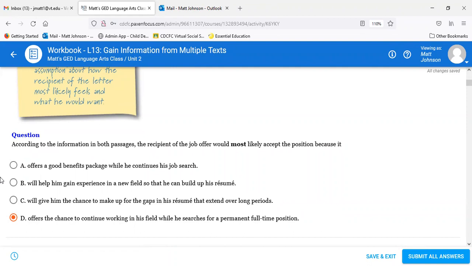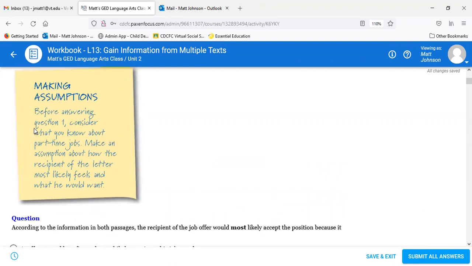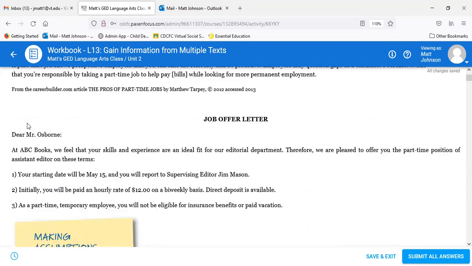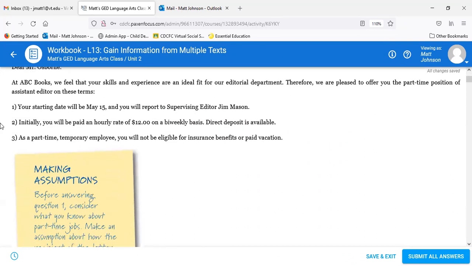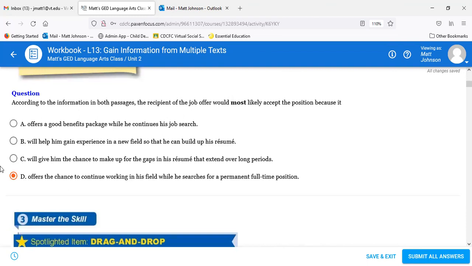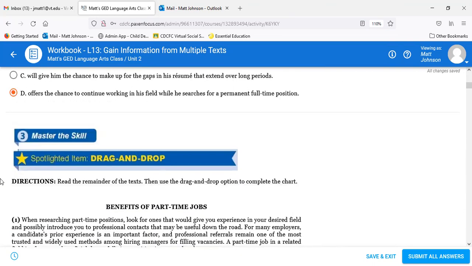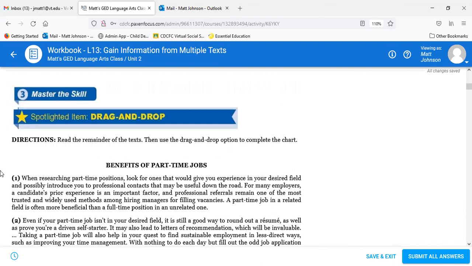And then on C, it says it will give him the chance to make up for the gaps in his resume that extend over long periods. The letter doesn't address that, it's not like it says, yes, we see that you have an extended gap in your resume. There's nothing like that. So that leaves D, right? Comparing the two, what the article says about the benefits of a part-time job falls into the realm with the other one, so we can draw that conclusion.